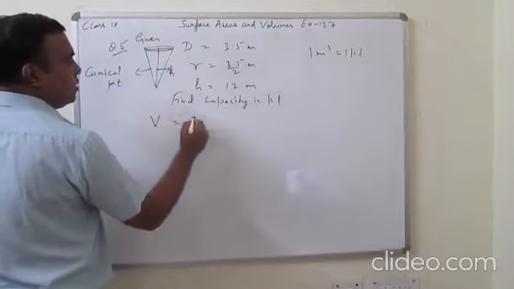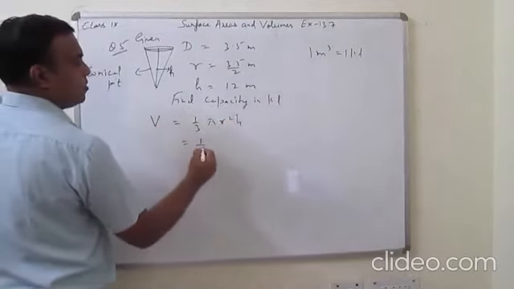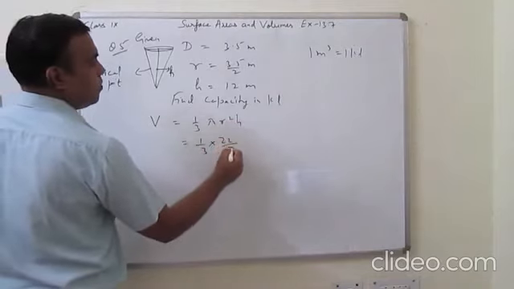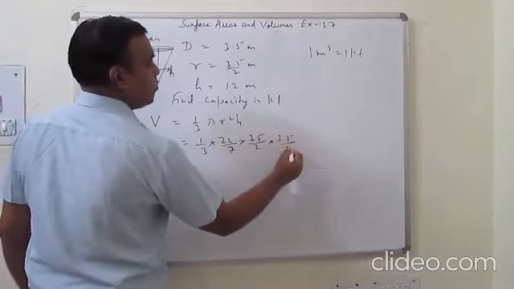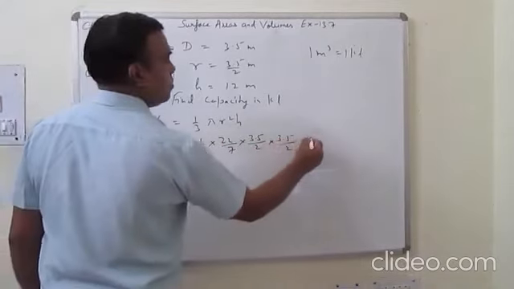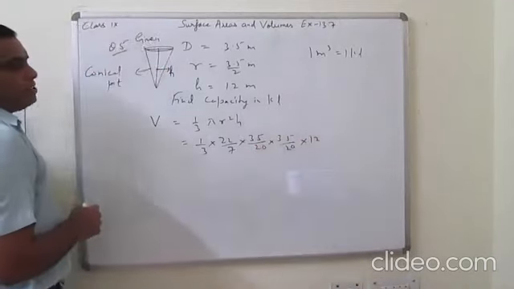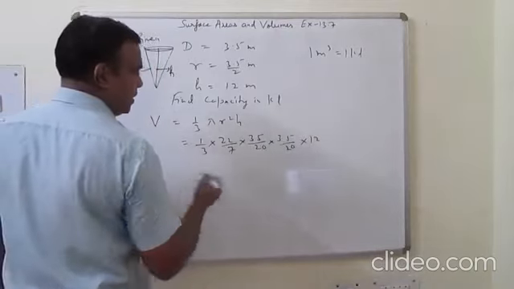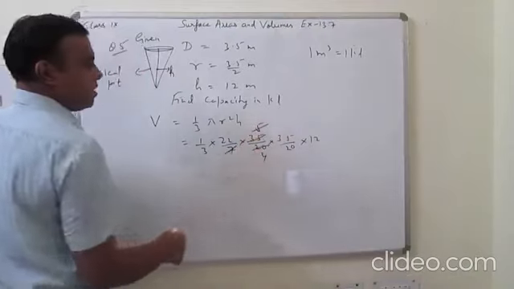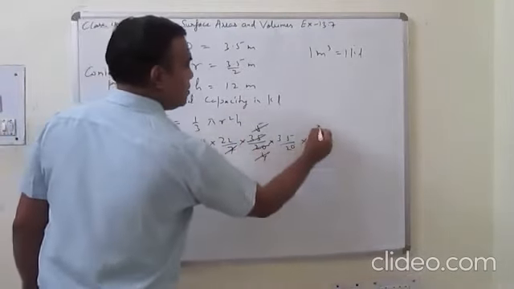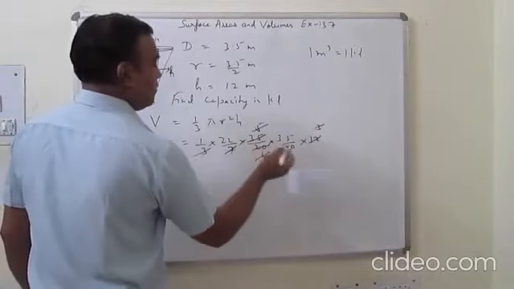Volume of cone is 1 upon 3 pi r square h. Now 1 upon 3, pi is 22 upon 7, r is 3.5 upon 2, into 12. Now this point will be removed and 0 will come down, so it becomes 30, 20. Now 3 will cut, 3 will cut, and cut this with 5.